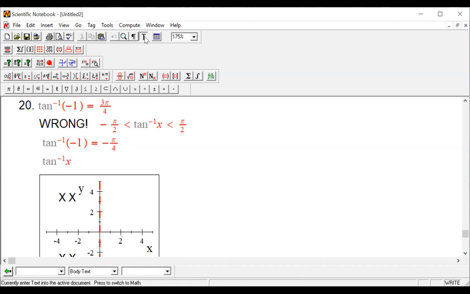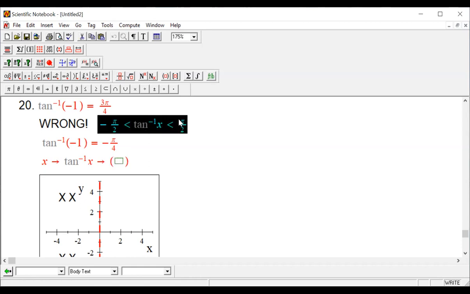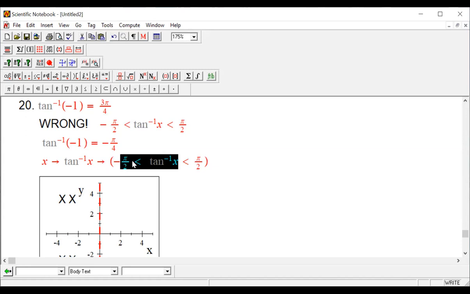The input is any real number, and the range is between negative pi over 2 and pi over 2, right here. And this input is any real number, as we see in the arctangent picture.